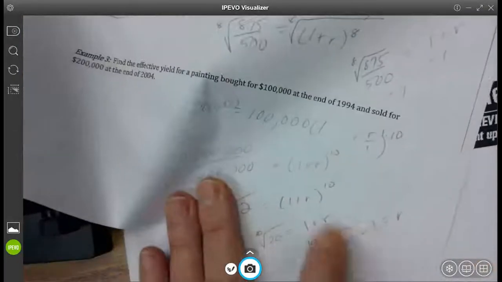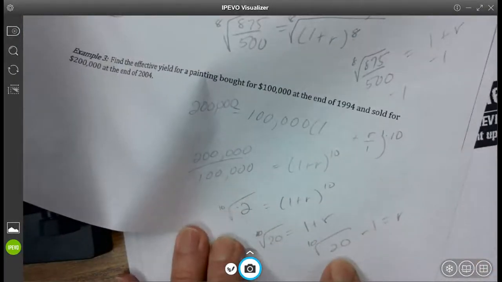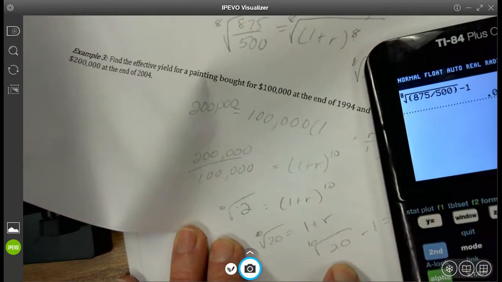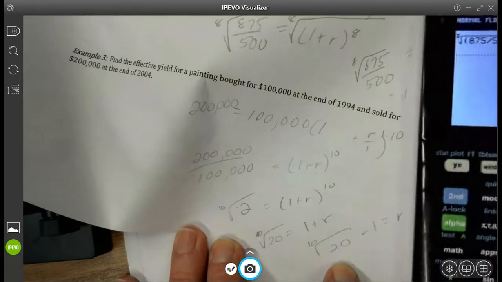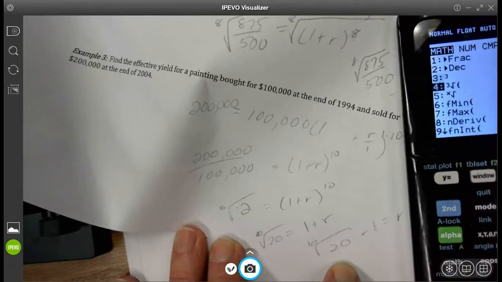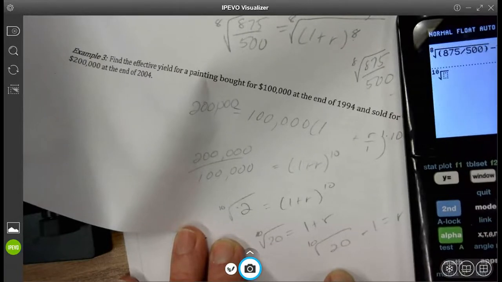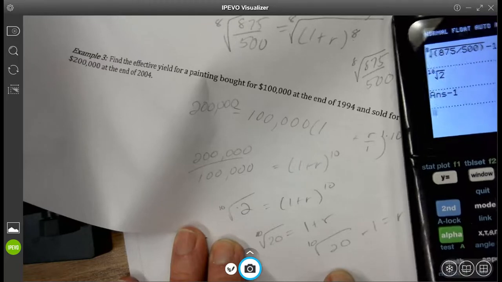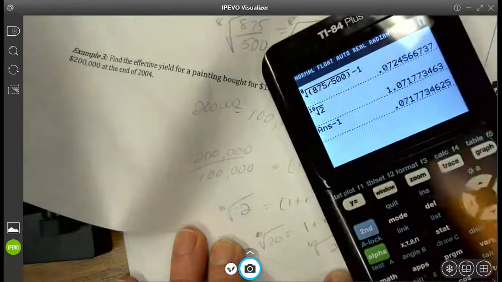So we go here. 10th root. I don't know why I put 20 down here.